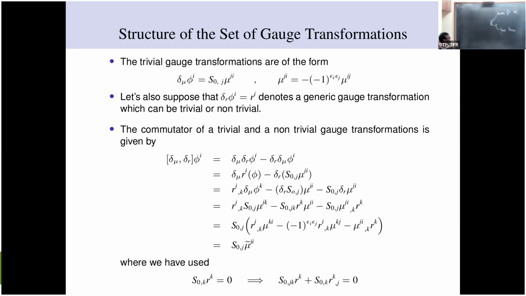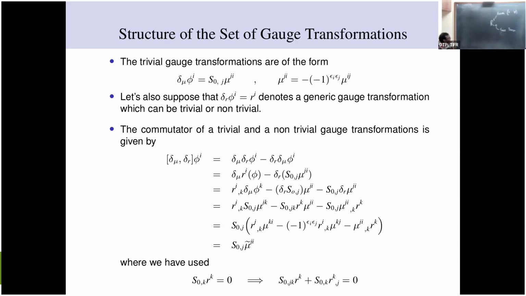So let's consider these trivial gauge transformations. Now suppose delta_R phi^i, denoted by R^i, is some generic gauge transformation, which can be trivial or non-trivial. Let's work out its commutator between a trivial gauge transformation and a generic gauge transformation.